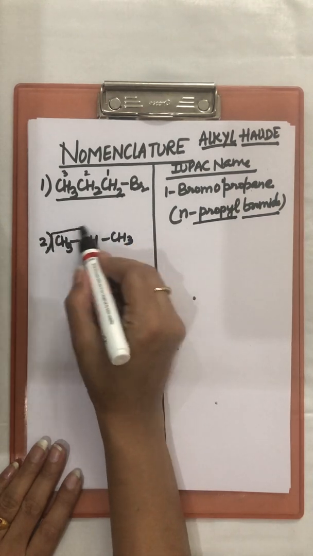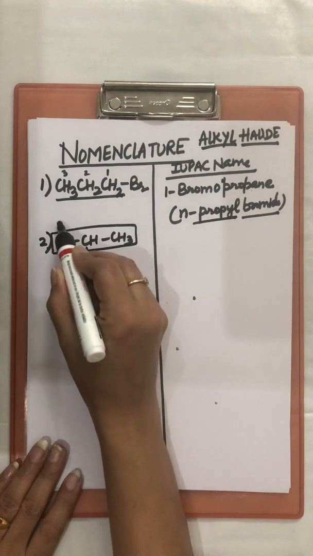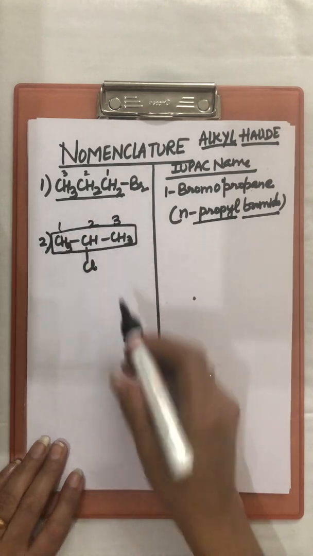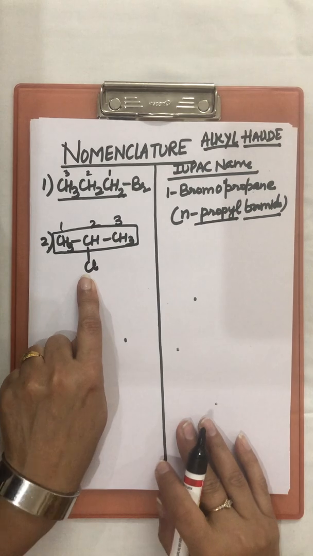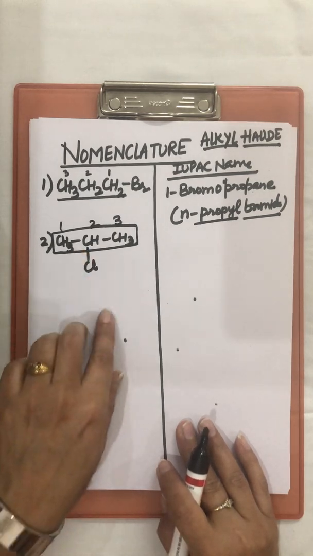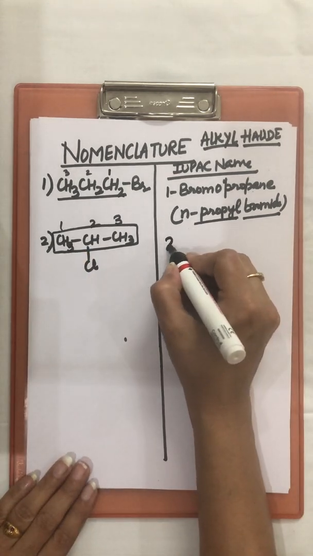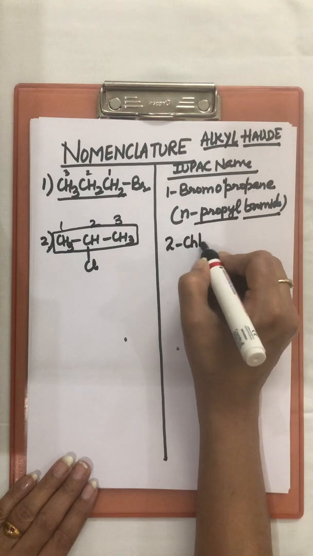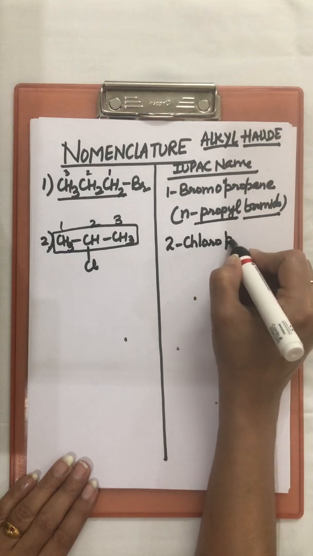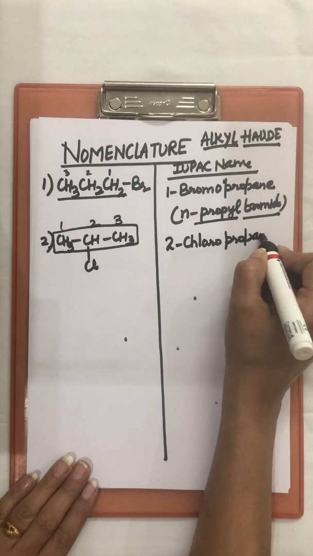Second compound, in this case this is parent chain, numbering from any side because this halogen gets the second position from both the sides. So name of this compound is 2-chloropropane.